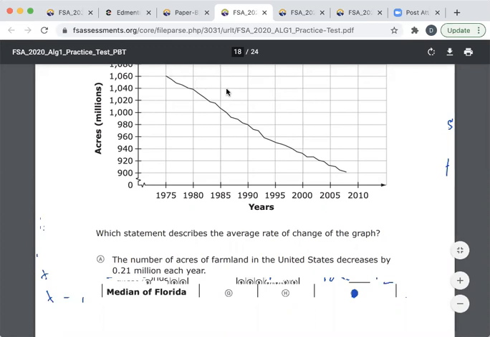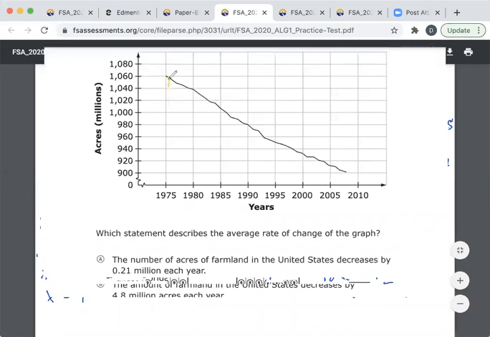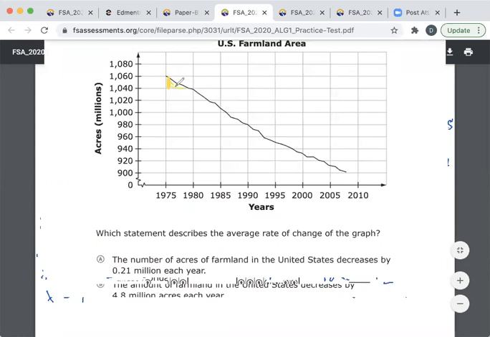Let me see if I can highlight from here to here. The amount that it's going down is 20 million, not 0.21 million. So A is not the correct answer.